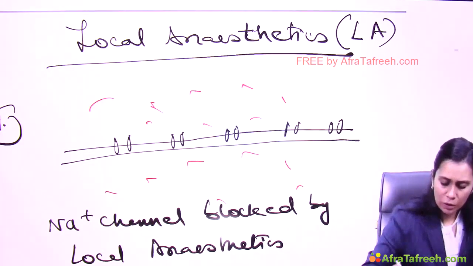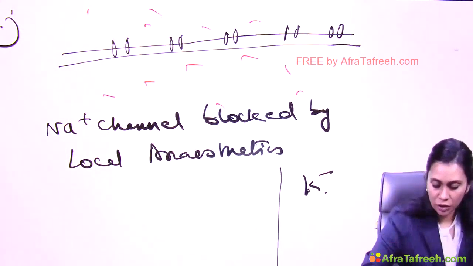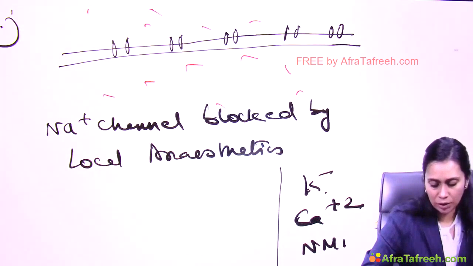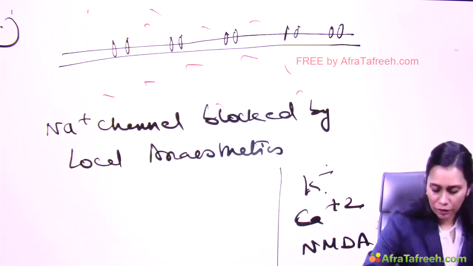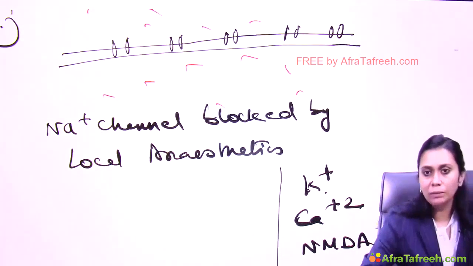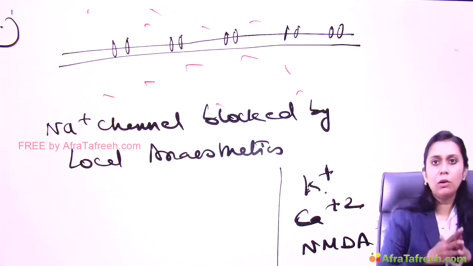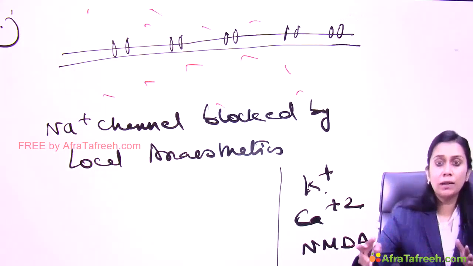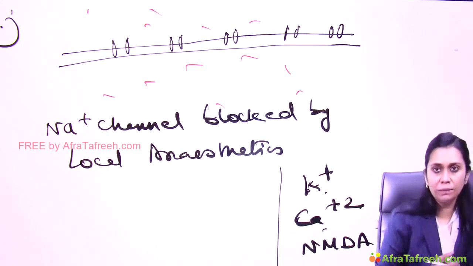But beside the sodium channel, local anesthetic can also have an effect on potassium, calcium, and NMDA channels. Right? So beside the sodium channel, local anesthetic has an effect on 3 more channels: potassium, calcium, and NMDA channel. Got it, everyone? But primarily it blocks the sodium channel.